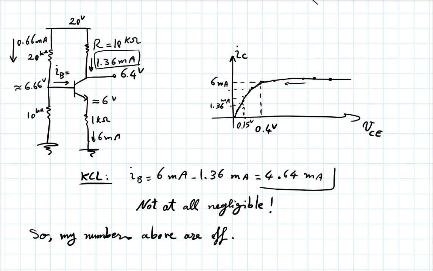Of course, this took some time. But once you get used to things like this, the analysis should take you 5 minutes to get a first-degree feel for what the circuit is doing. In this case, it seems like the circuit is in saturation. Quite possibly, the base current is not negligible, and so you don't have a simple voltage division because you have those different currents.